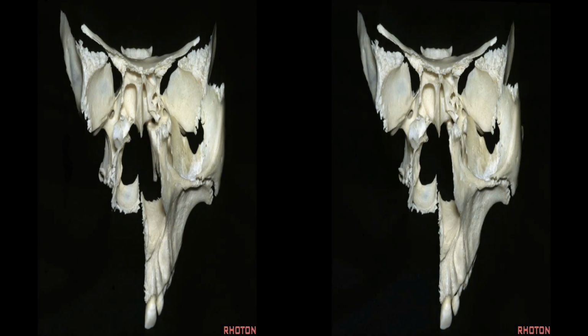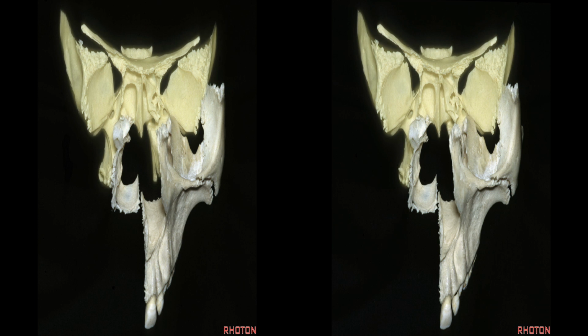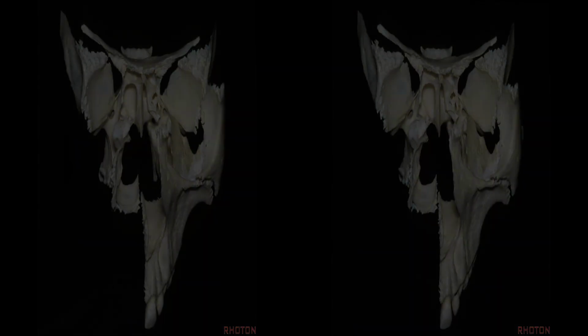So the bones fit together something like this. Maxilla, medial wall of pterygopalatine fossa formed by palatine bone, and then back posteriorly sphenoid bone.